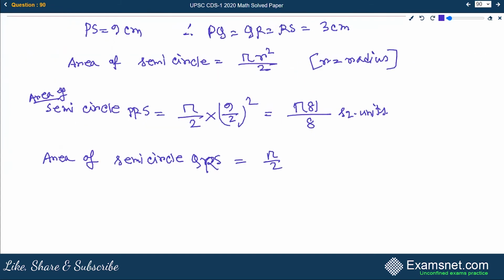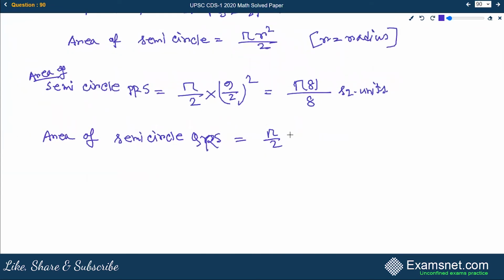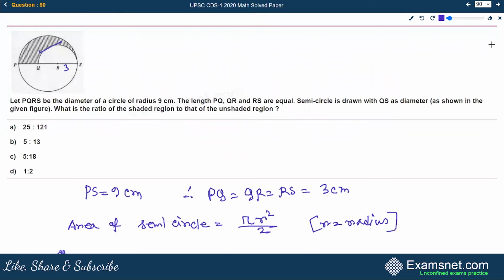Here radius we are given, that is 3. So 3 squared, that means 9 pi by 2 square units.